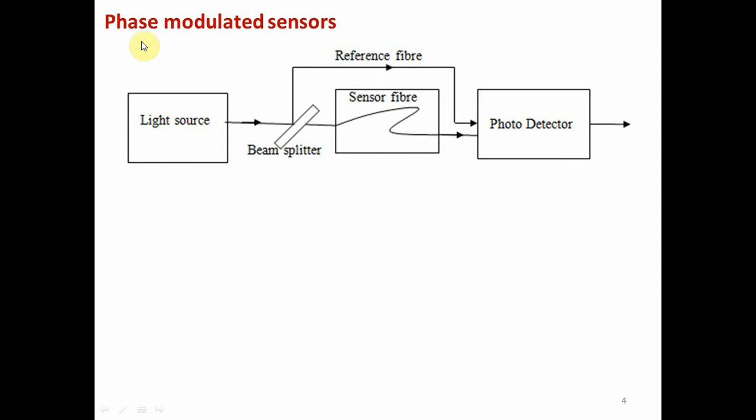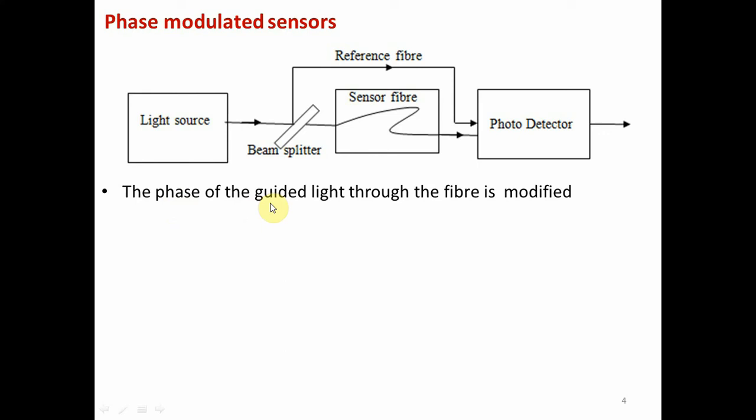Next type of sensor is the phase modulated sensor. In a phase modulated sensor, the phase of the guided light through the fiber is modified. Here also three parts. First one, light source. Second, the fiber sensor element, this part. And the third, photodetector.